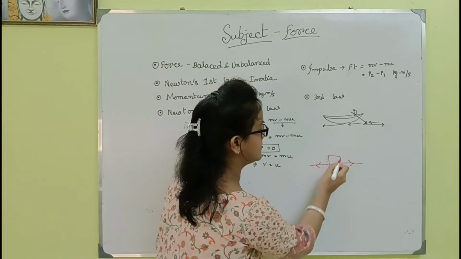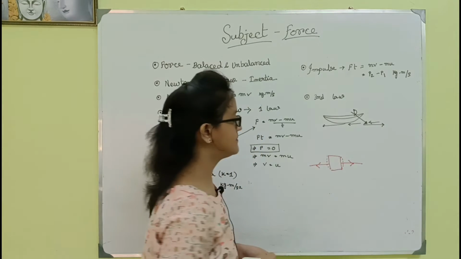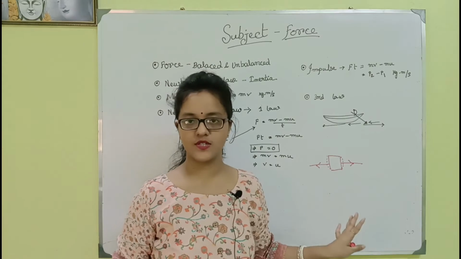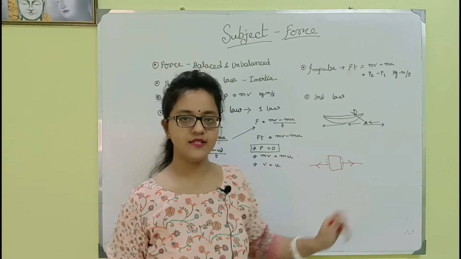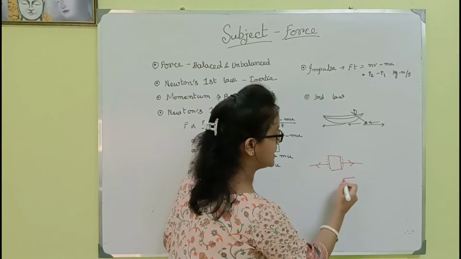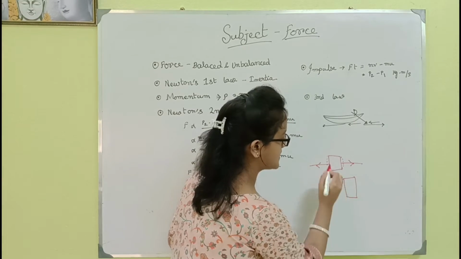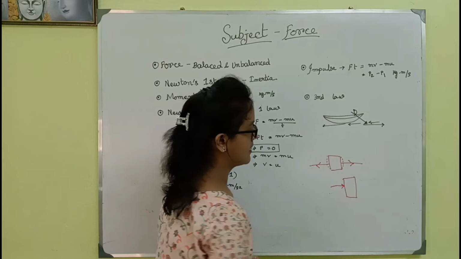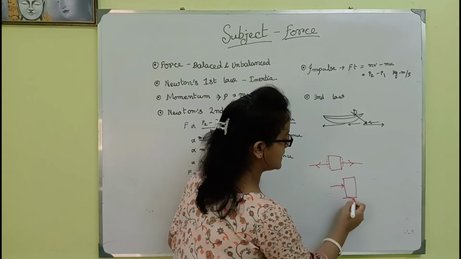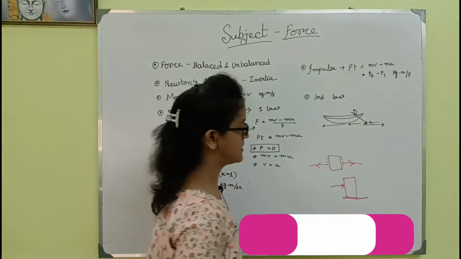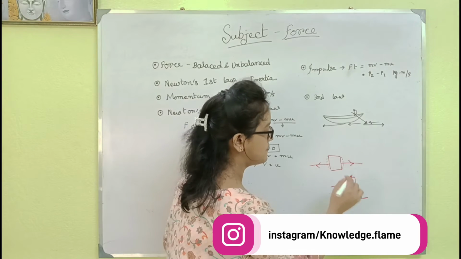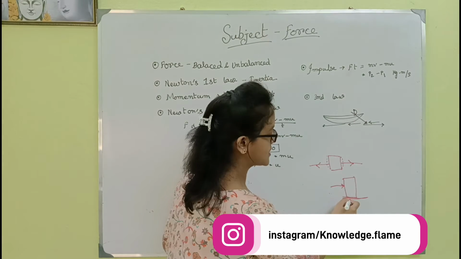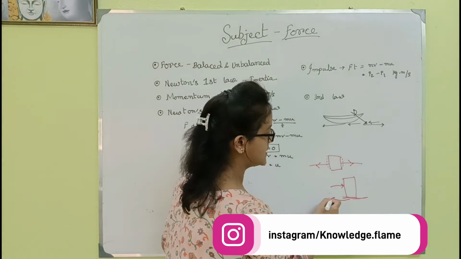Just for example, this is a balanced force. This is an unbalanced force. This is a body. Someone is pushing the body in this direction, and the body is attached to the floor by friction. The friction acts in the opposite direction.